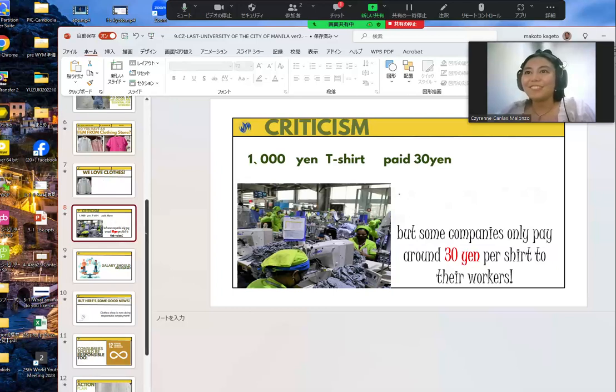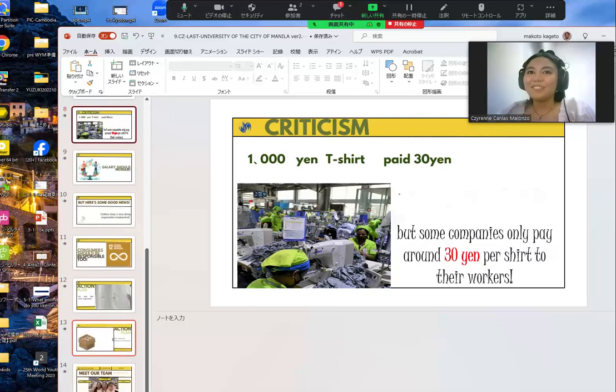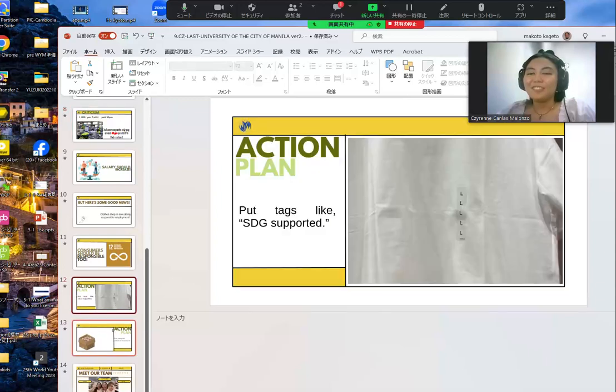And finally, you handle the goal, this action plan. And you showed some solution against cheap labor, how to stop cheap labor. Okay.